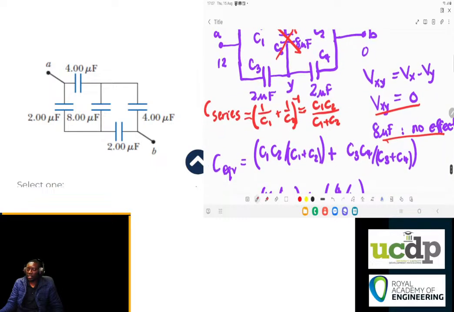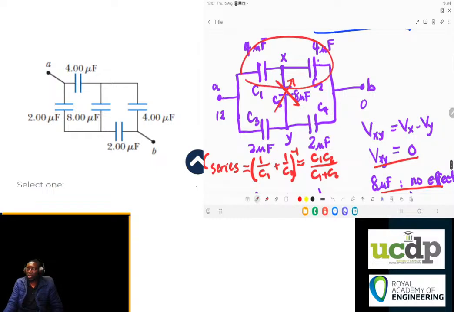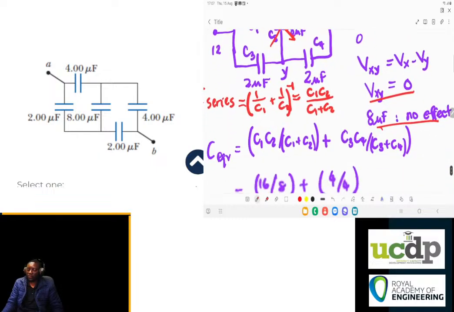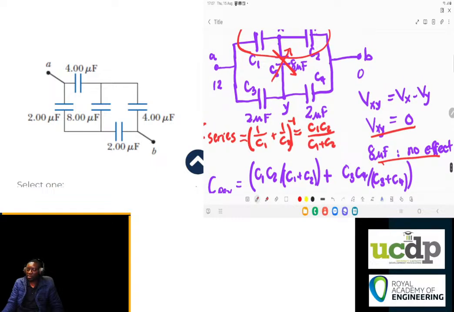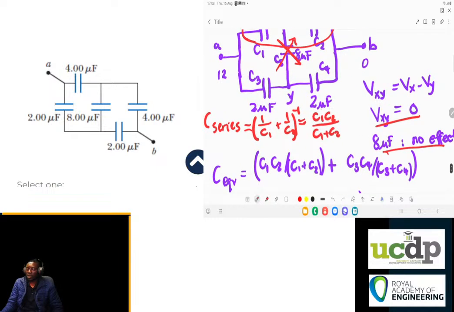So this is the sum of the capacitors at the top, series top. Then we have C1 C2 over C1 plus C2. And the capacitors at the bottom again do the same, C3 times C4 over C3 plus C4.